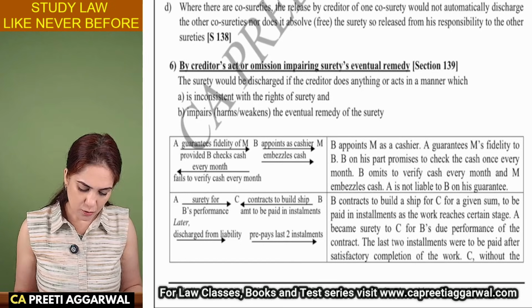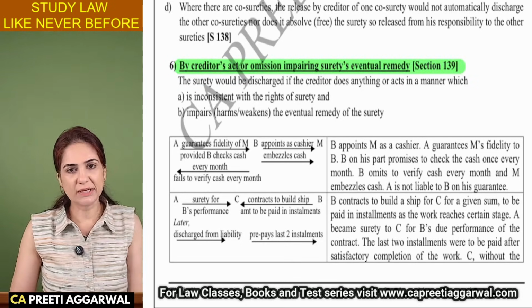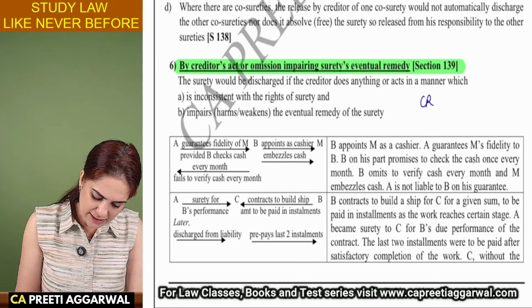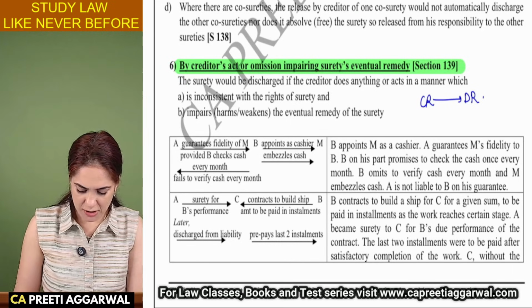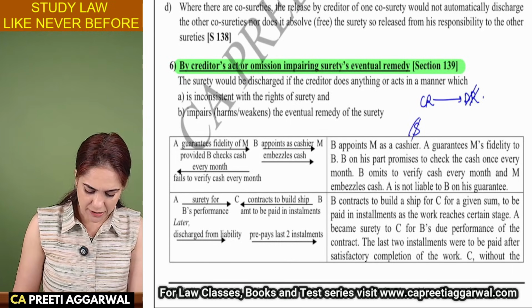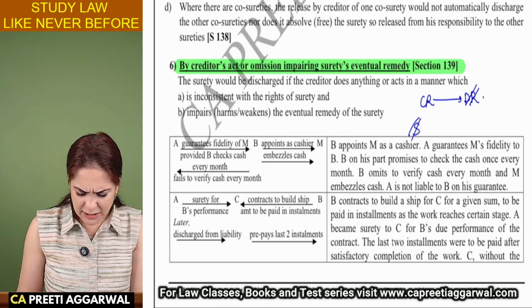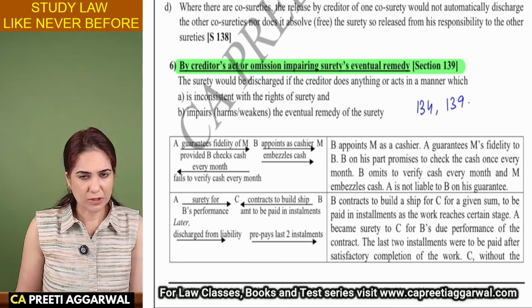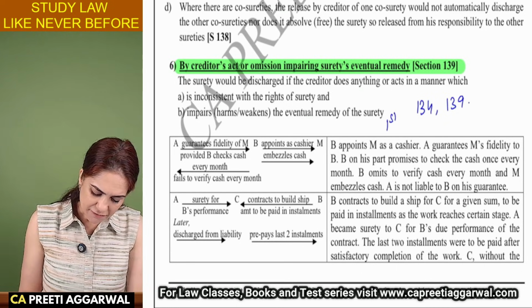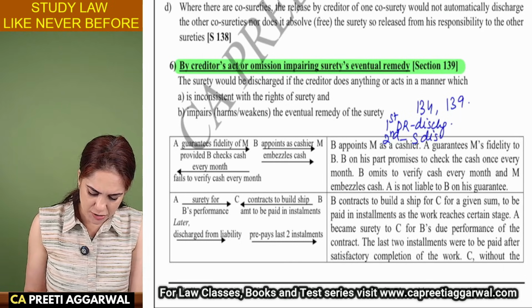Creditor's act or omission impairing the surety's eventual remedy, section 139. The creditor has done something, because of his act the debtor is discharged, automatically the surety is also discharged. Okay, now there is a difference between 134 and 139. In 134, first the debtor is discharged, therefore the surety is discharged.